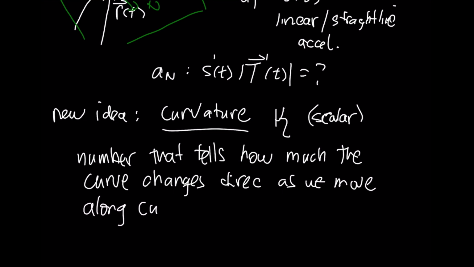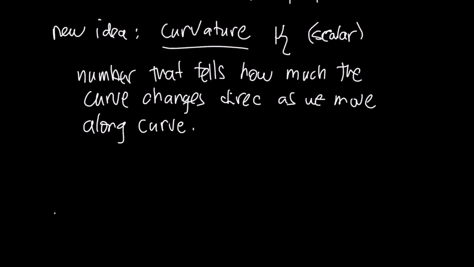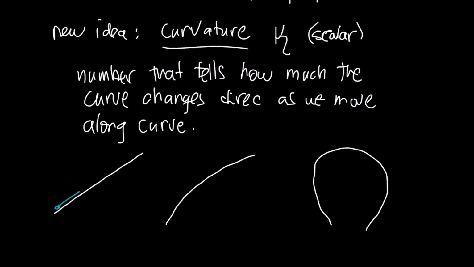And so if I give you a curve, in this first case, which is just a line, the unit tangent vector is never changing. It's always pointing in the same direction. We are going to say there is no curvature. There is no bend to the curve.